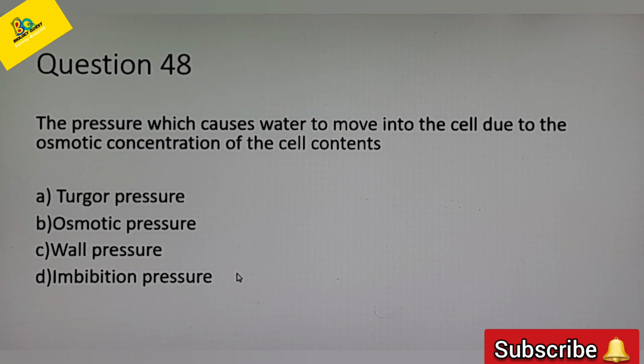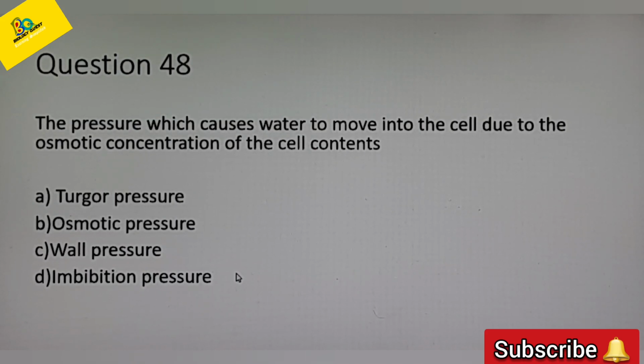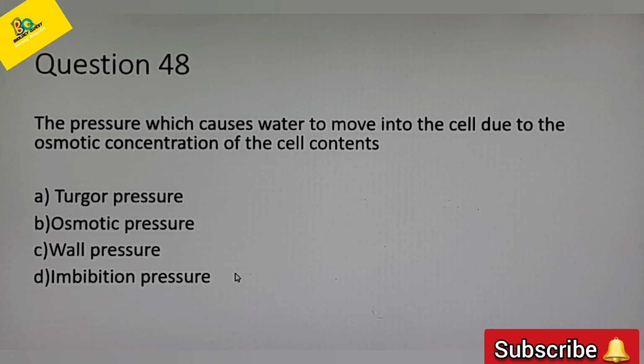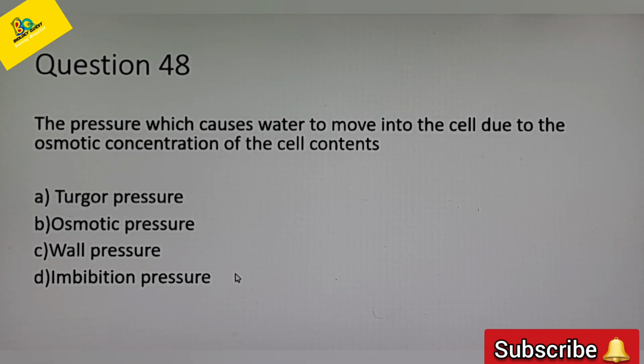Okay, turgor pressure, we know it occurs in a turgid cell. When the cell contents exert a pressure on the cell wall, then that pressure is called turgor pressure. What is wall pressure? Again, wall pressure occurs in a turgid cell. As the cell contents exert a pressure on the cell wall, the cell wall exerts an equal and opposite pressure on the cell contents.